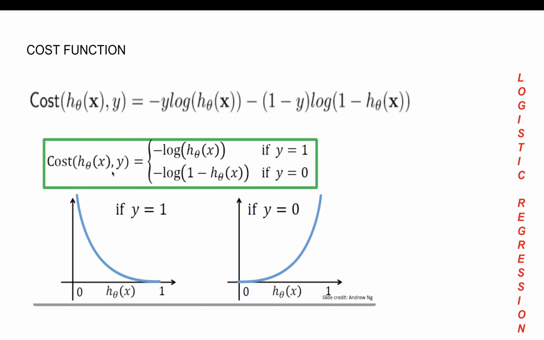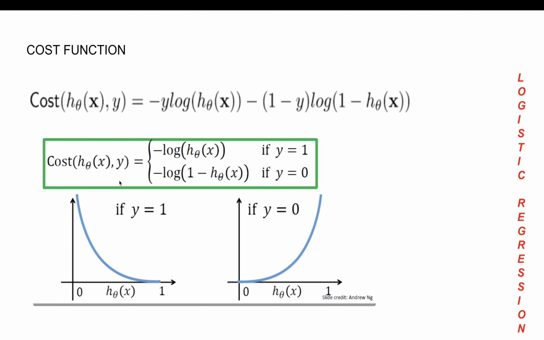Now if you see this cost function, in case y equals 1, this particular part will become 0 and your only value will be minus log h theta of x. Now if your y equals 0, then your first part will become 0 and your second part will eventually become minus log (1 minus h theta of x).